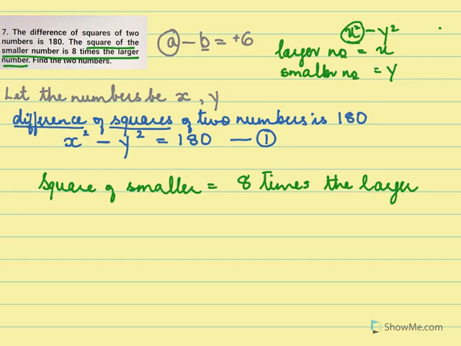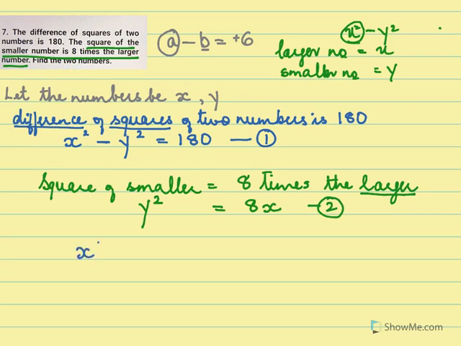They said the square of the smaller, so the smaller here is y. So y square equal to 8 times the larger, and the larger is x. This is my equation 2.